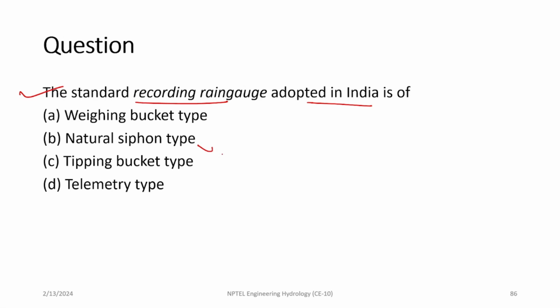So we will look into the explanation. In this explanation, we will be looking into each recording rain gauge which is mentioned in the options.